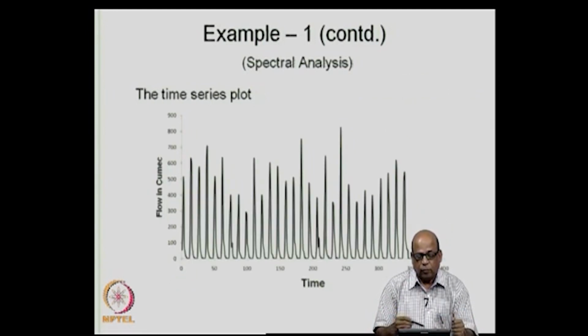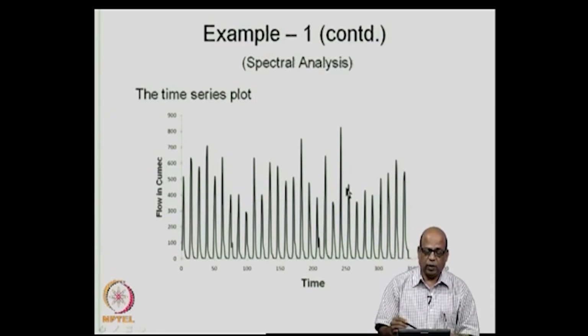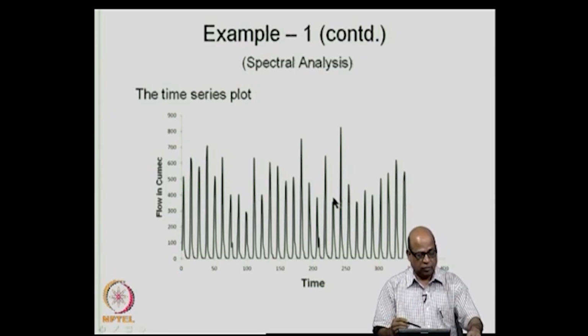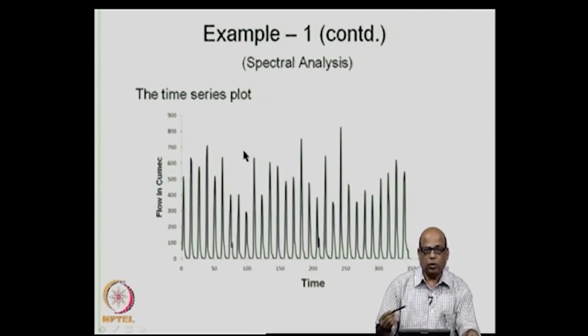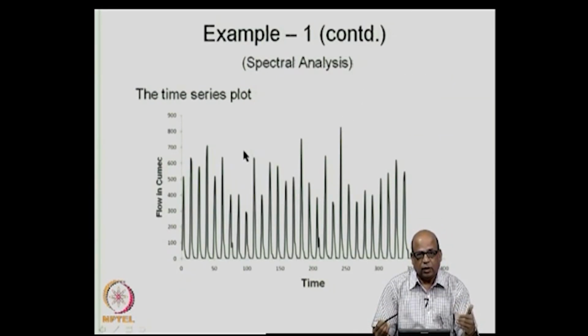Let us see what happens to the time series when we standardize. If you recall, what we did in the last lecture is that we identified periodicities in the data through spectral analysis. We saw that there were several peaks, corresponding to 12 months, 6 months, 4 months, 3 months, and so on.